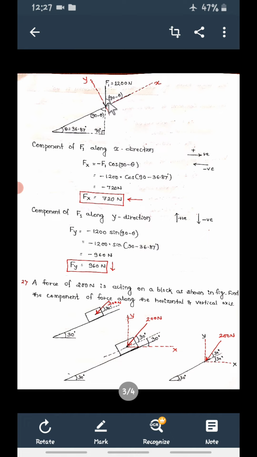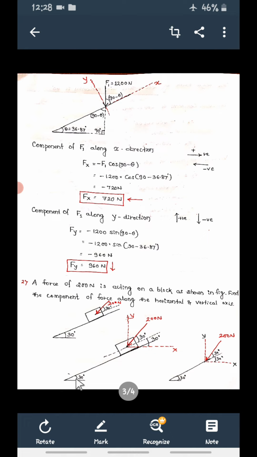In the previous case this was the x-axis and this was the y-axis, but here this is the x-axis, horizontal, and vertical is the y-axis. So how do we find this 200 Newton component along x and along y? We require this complete angle with the x-axis, but this is given as 30 degrees. But what about this? We have to find that.